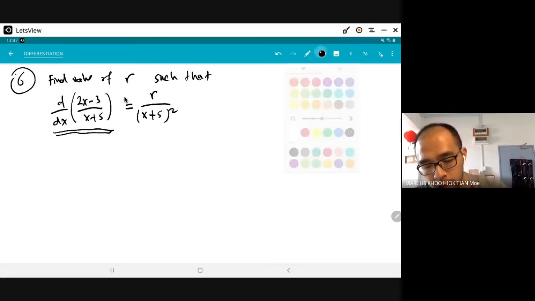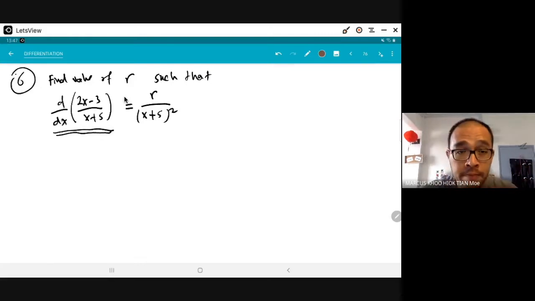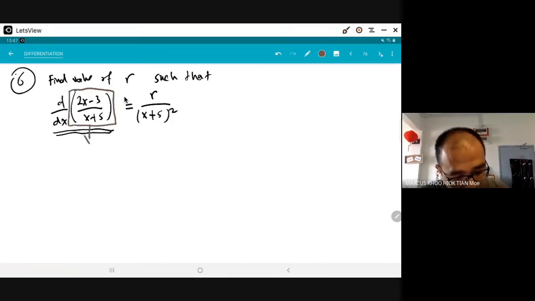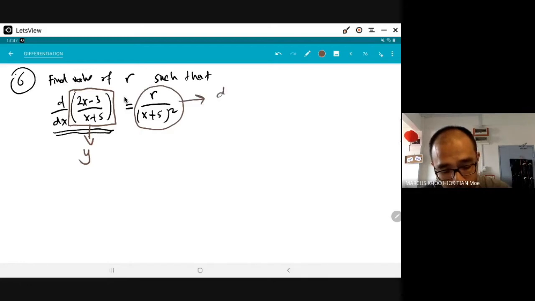So bila kamu berdepan dengan soalan ini, what you need to understand is that this thing is actually y. So this is the original equation. 2x minus 3 over x plus 5 is the original equation. And this one is the dy dx.